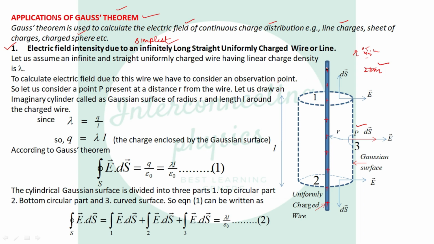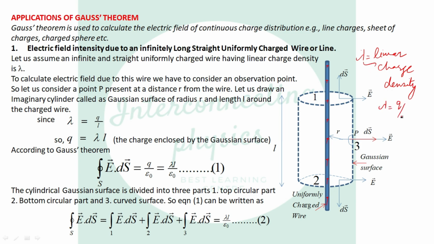Now, since this is a continuous charge distribution, we cannot calculate how many charges are present here. So we take lambda, the linear charge density, which is charge per unit length.